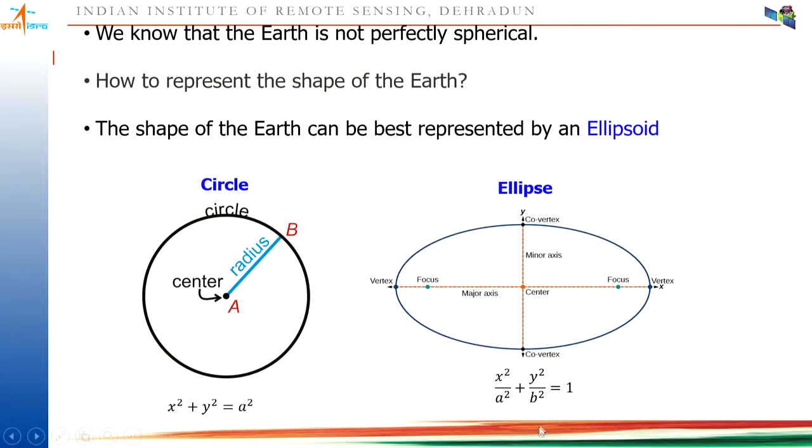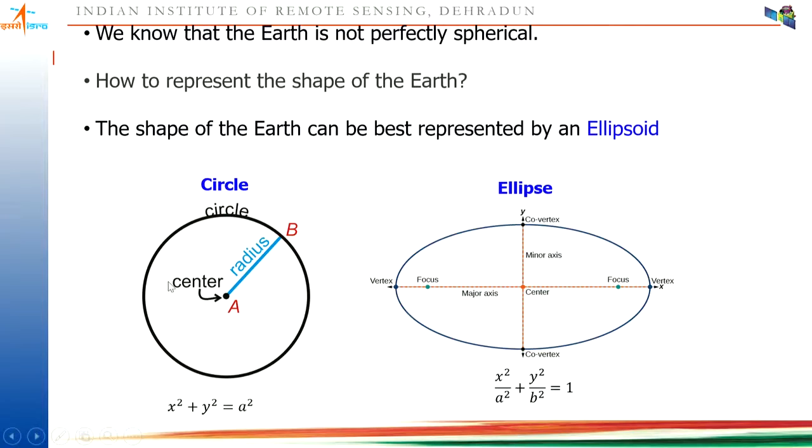If b equals a, meaning the minor axis becomes equal to the semi-major axis, then b square is also a square, and the equation becomes x square plus y square equals a square.